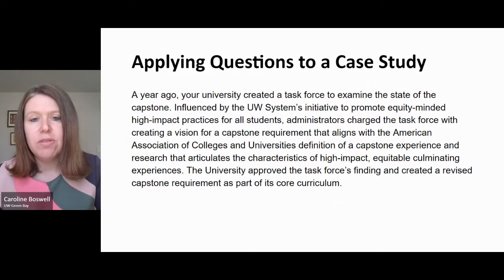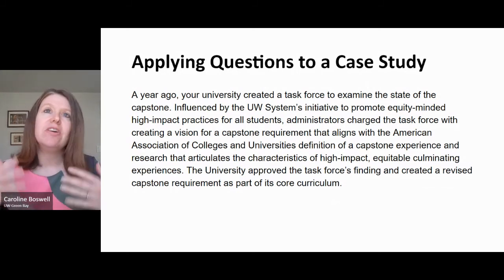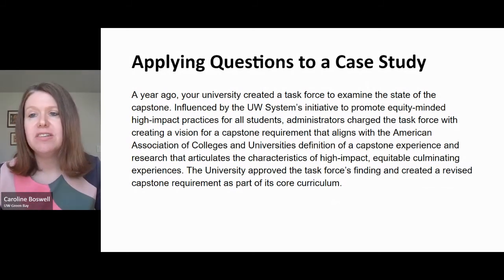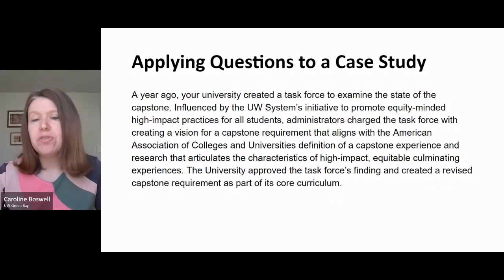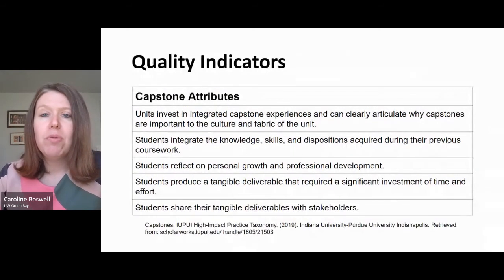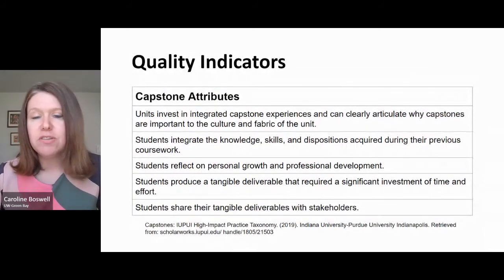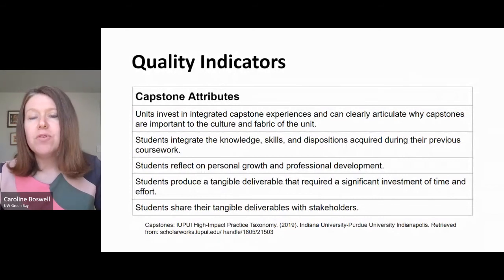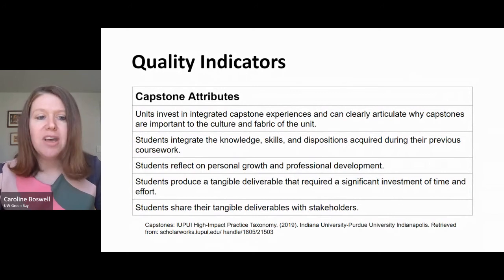And so one thing that we thought we'd share too is that, let's say the task force has decided that these are the quality indicators or capstone attributes that they want to ensure that every program is aligning to. And this comes from one of the OPID high impact practices taxonomy, so we're taking it straight from them. We're just sharing the attributes because the taxonomy is quite full and it would take some time to read.